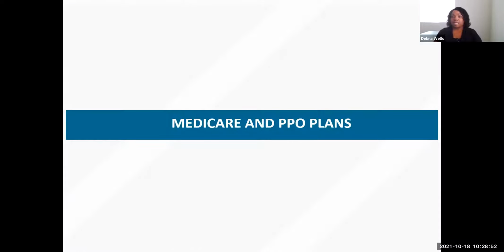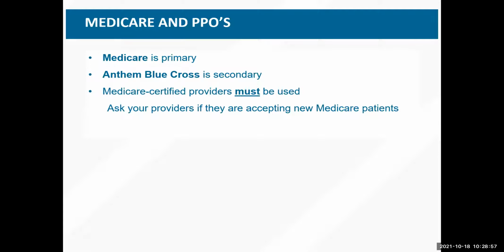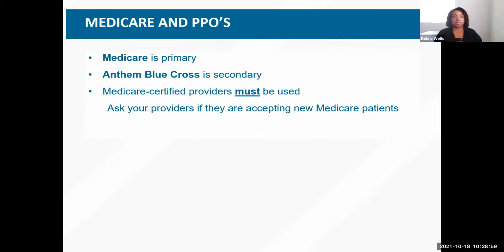Now, when it comes to Medicare and your PPO plans, you're not assigning your Medicare to your plan like you did with an HMO. They actually do work separate from one another. So your Medicare plan is primary. Your Anthem Blue Cross plan will be secondary.